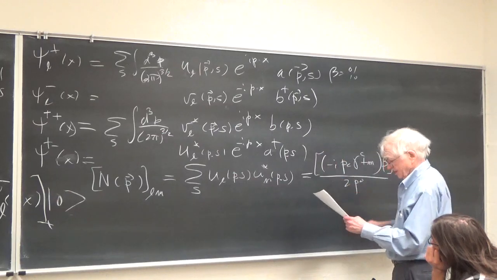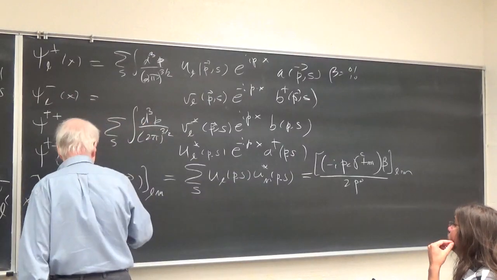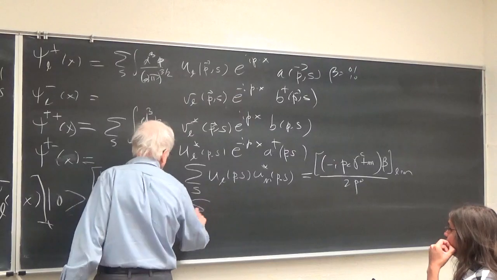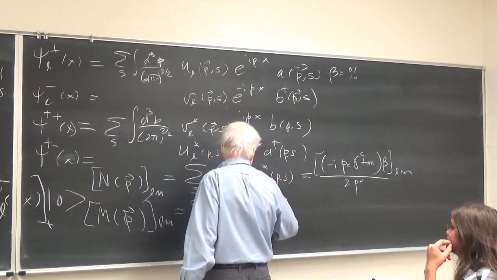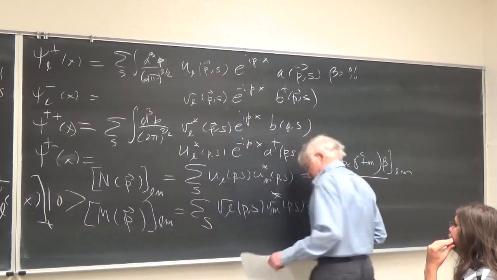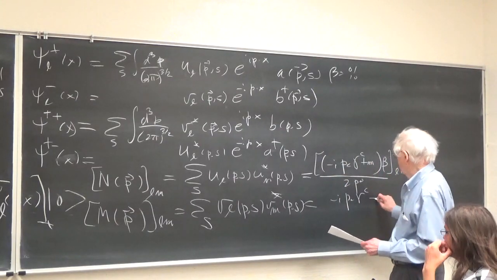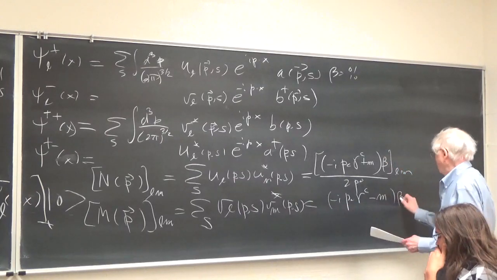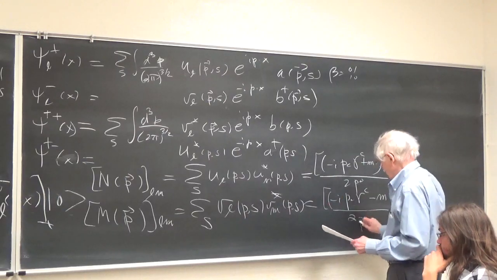The other one is called M of p, LM, and that's the sum on S, vL of p and s, v star M of p and s, and this is almost the same thing, except for a minus sign on the m, beta LM over 2p0.